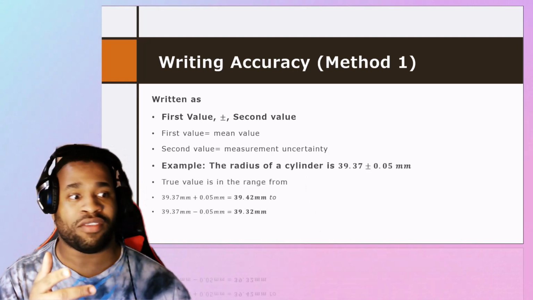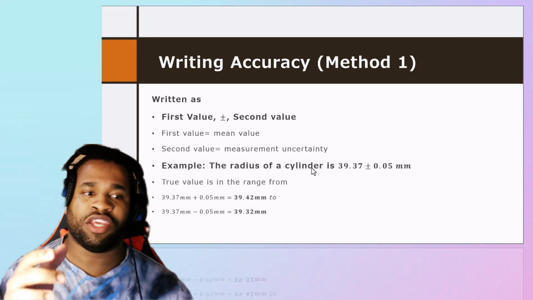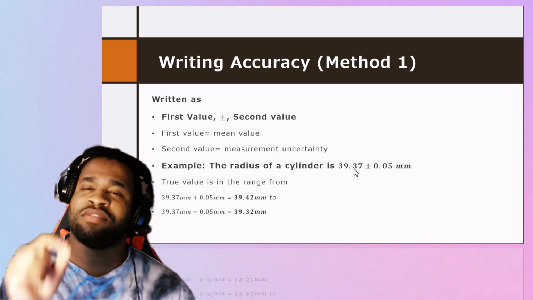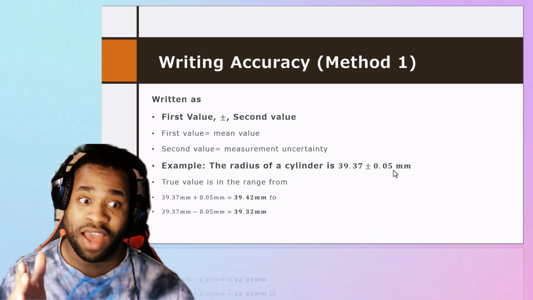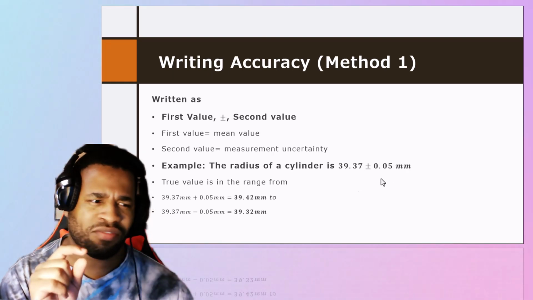The example says that the radius of a cylinder is 39.337 plus or minus 0.05 millimeters. What does this mean?